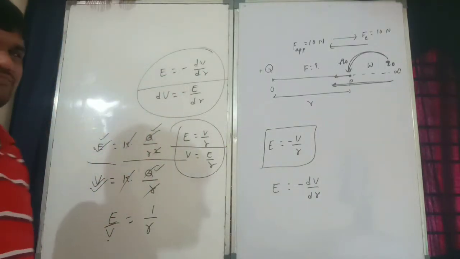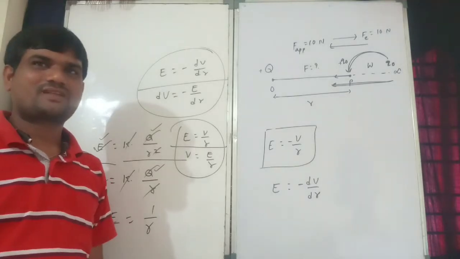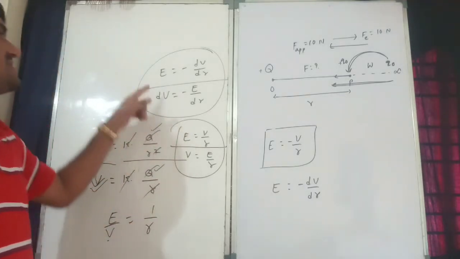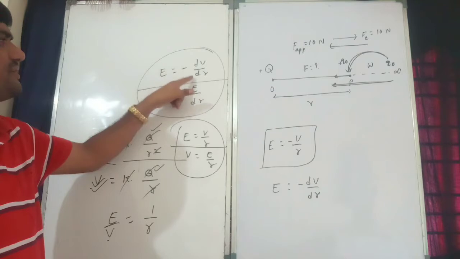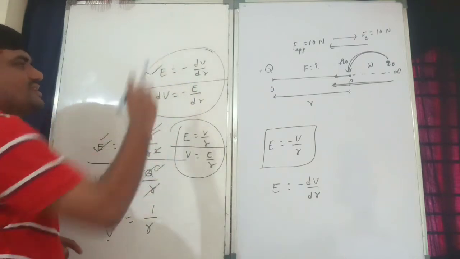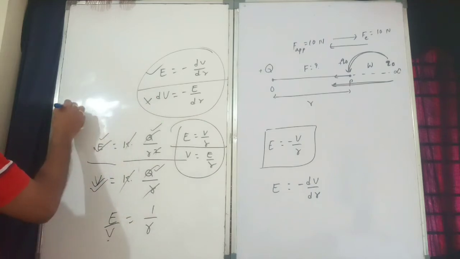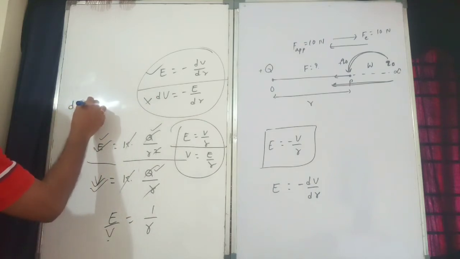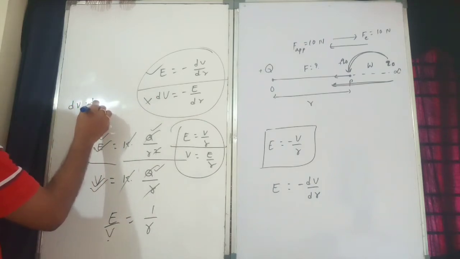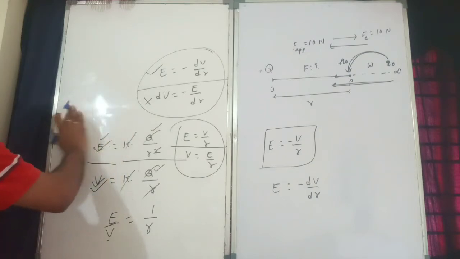How are both the same? This E is equal to dV by dr, but this is the correct formula, and this is the wrong formula, right? So dV into dr is equal to, correct?